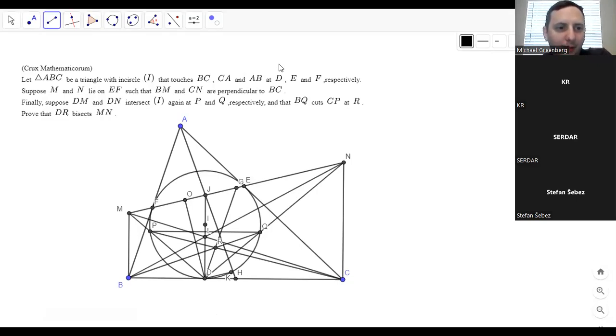Oh, this might come from the JBMO. Is it the same problem as the JBMO 2015, or is it like that helps, that's related to it? Oh, it's really related. Okay. All right.